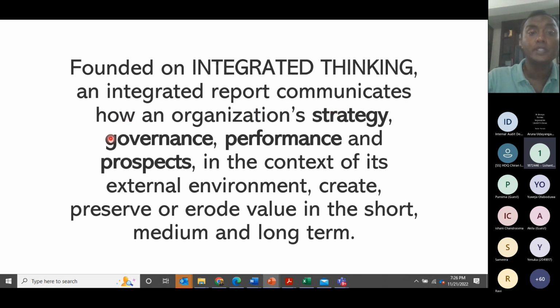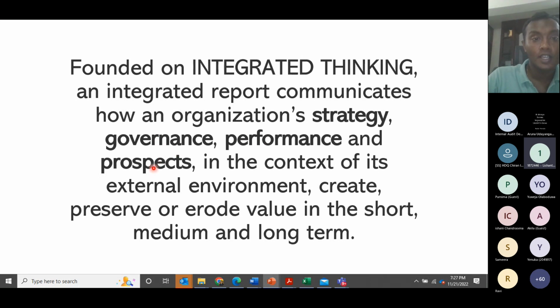And if you look at the governance, it's largely a family-owned company, while there are some directors, right? But the case study specifically gives some sensitive information that all other companies other than the parent companies are governed by the executive directors. What does it mean? Is it helping to create value or is it a hindrance? You have to see. So with this strategy, governance, performance, and prospects is about the future.